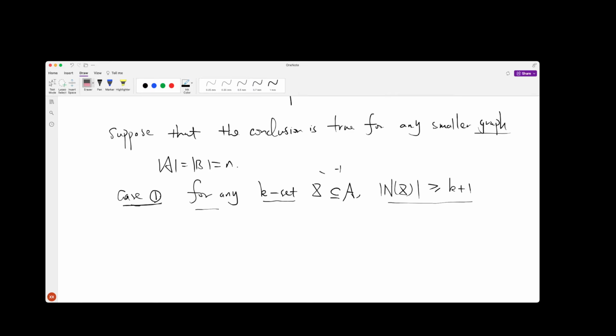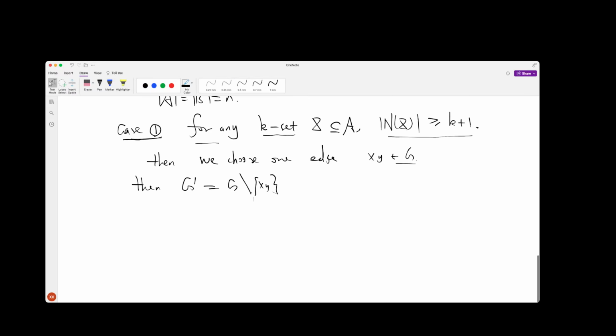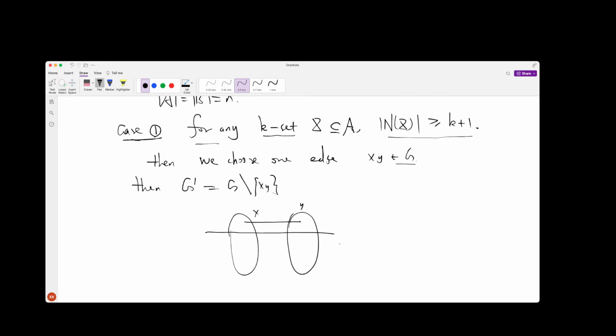Suppose this is true, then we choose only one edge, let's say xy in G. Then we look at G prime equals G minus xy. So for example, we take any xy edge, and you consider the remaining G prime.